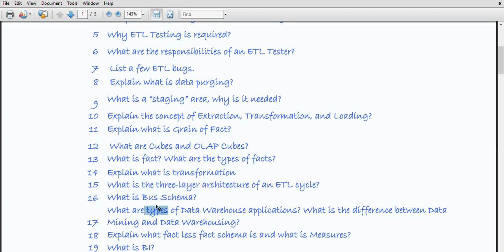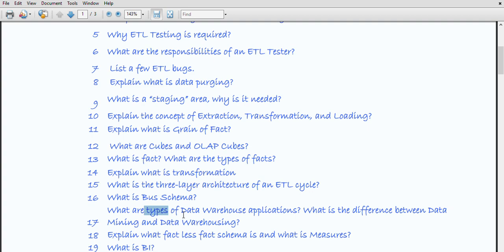Then, what are the types of data warehousing application, and what is the main difference between data warehouse and data mining? First we'll focus on the different applications of data warehouse. Information processing, analytical processing and data mining are the applications of data warehouse.